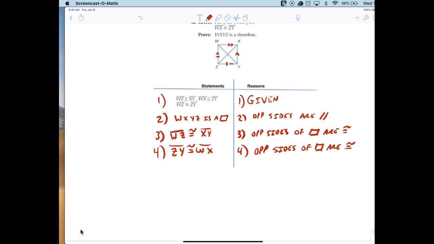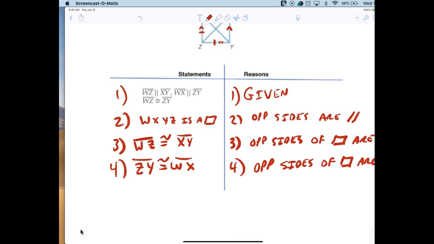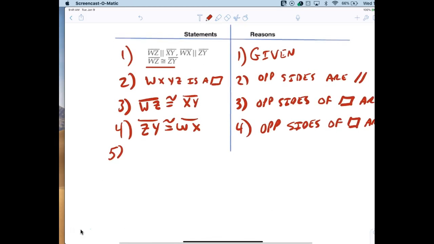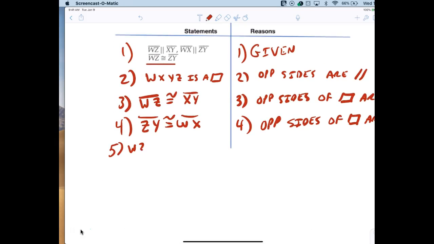Now, of course, we're not going to write all sides are congruent like that, but we just said, look right here, guys. Didn't we say WZ was equal to YZ? And WZ, so let's write this down. So WZ is congruent to ZY, and ZY is congruent to what?